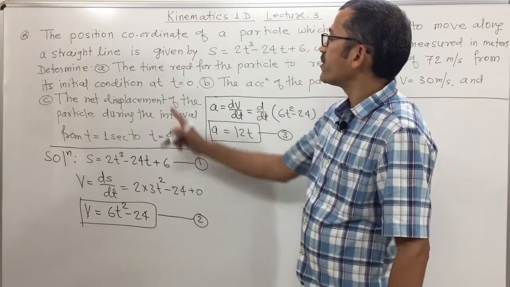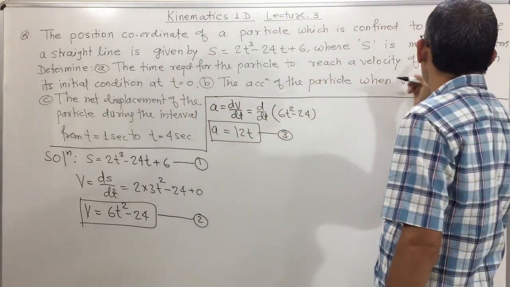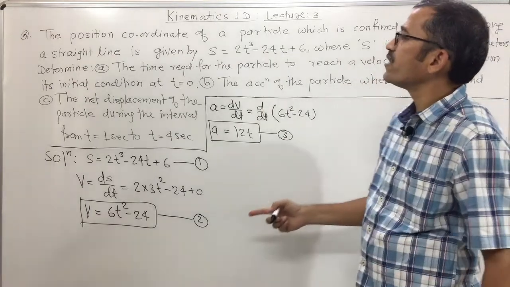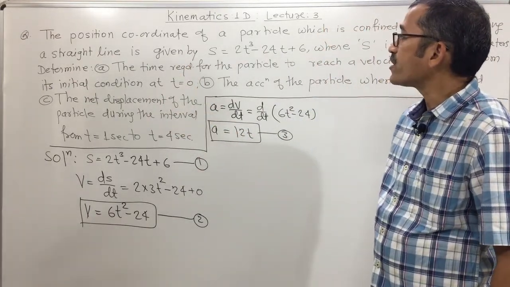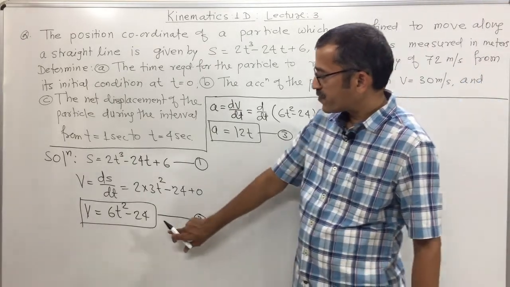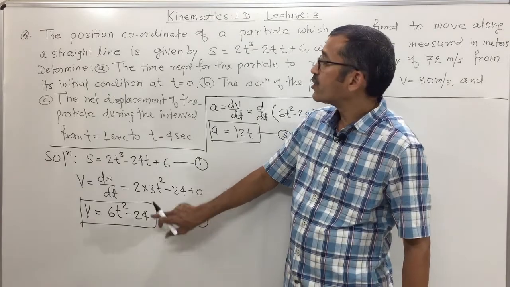Now the first part: the time required for the particle to reach a velocity of 72 meters per second from its initial condition at t = 0 seconds. This is possible from equation number 2.